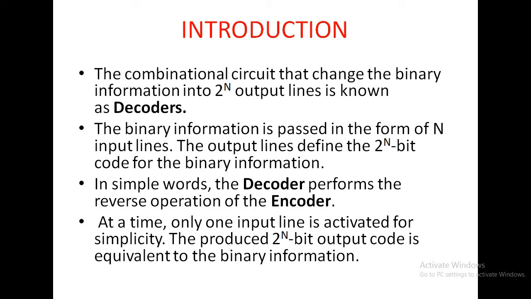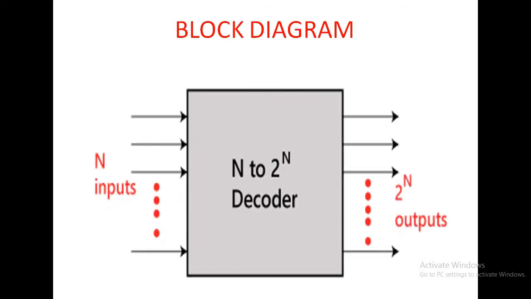If n is 2, 2 to the power 2, that is 4 output lines must be there. If n is 3, 2 to the power 3, 8 output lines must be there. If n is equal to 4, 2 to the power 4, 16 output lines must be there. Okay? So this is the block diagram of the decoder.